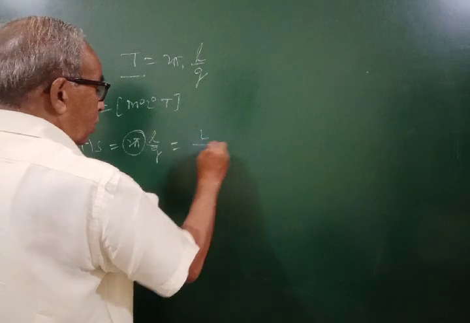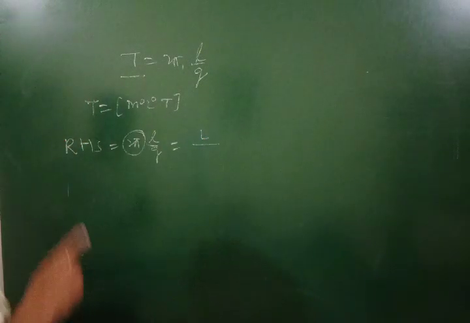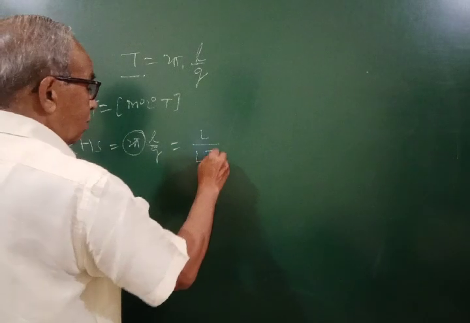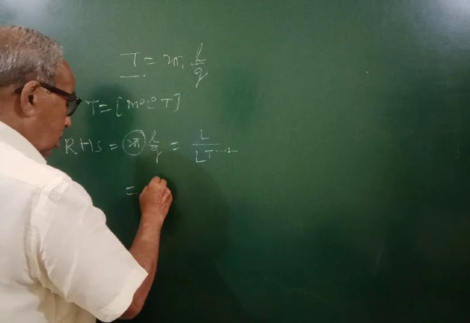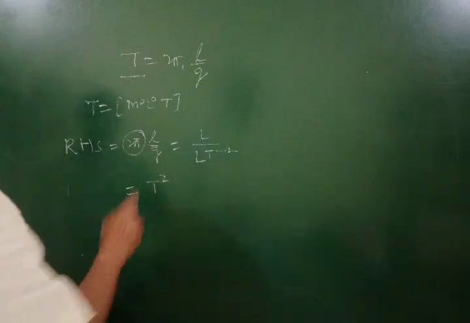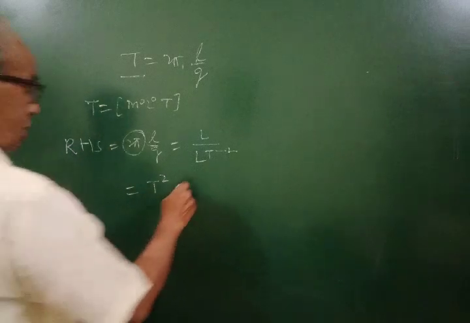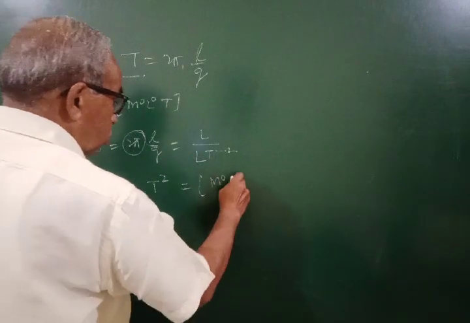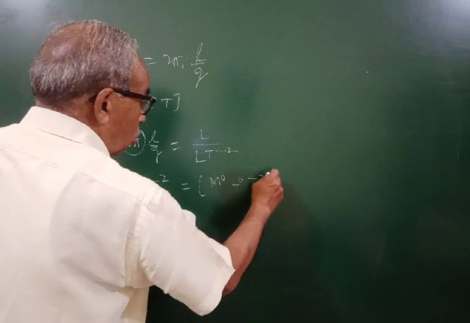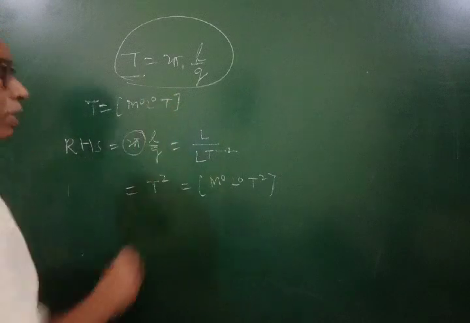L upon acceleration g, where g is called acceleration due to gravity. It is acceleration, L T^-2. So the dimension is T square. While it is T here, on the right hand side the dimension is T with power 2. So this formula has become wrong. The formula is incorrect. You can write that.